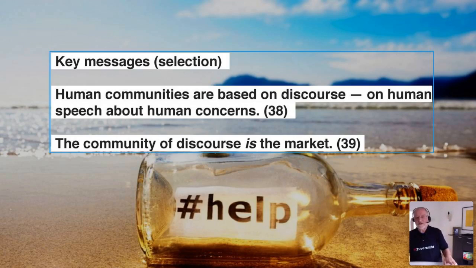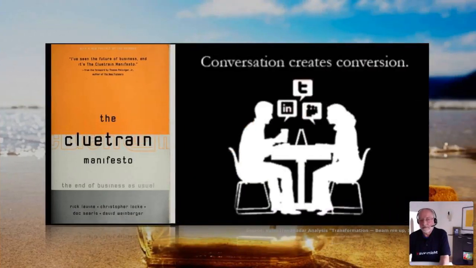The community of discourse is the market. And the Cluetrain Manifesto was so important for all of us that they even printed a Cluetrain Manifesto book about it in the year 2000 or 2001. And to summarize it, the key message is: conversation creates conversion.